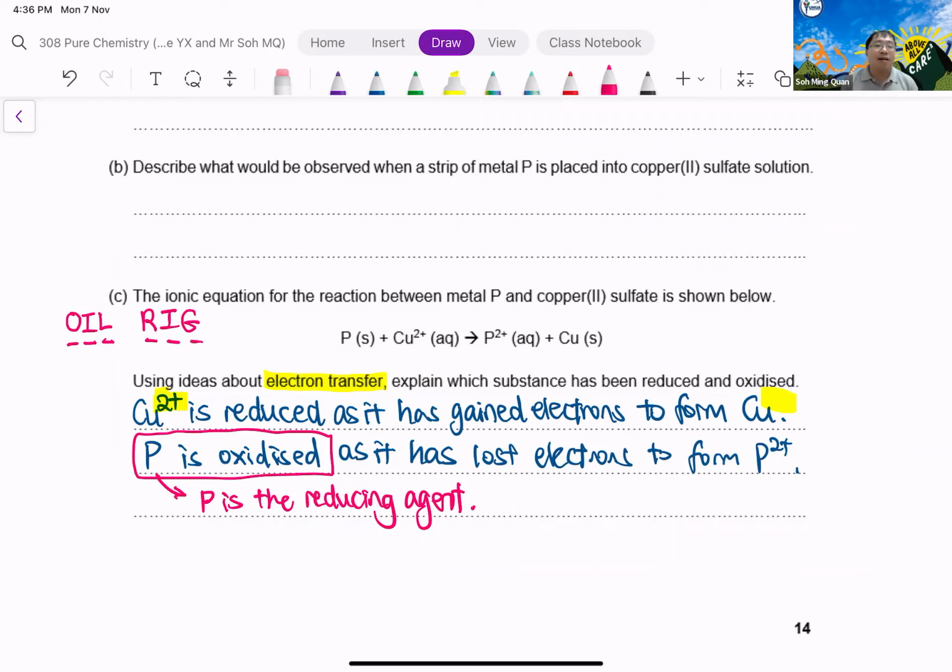Okay, so now we have made sense of the redox. Let's make sense of the reactivity. Based on this reaction, which metal is more reactive, P or copper?